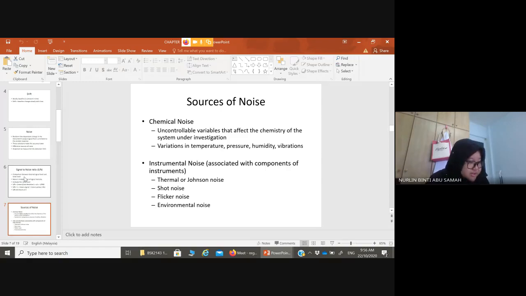This is something you need to know. Next is shot noise. Shot noise or Poisson noise is due to the discrete flow of carriers in the device. For me, shot noise is very tricky and not easy to overcome. Next is flicker noise.